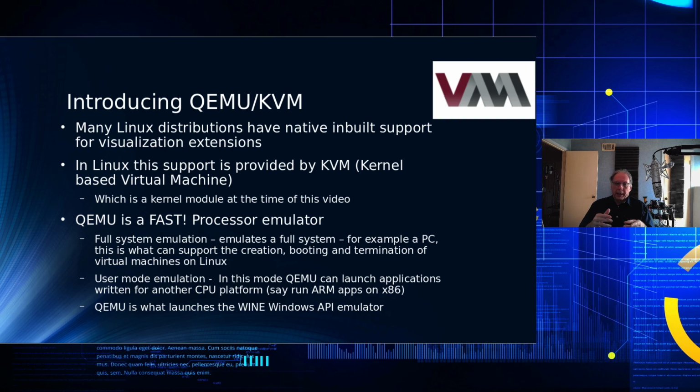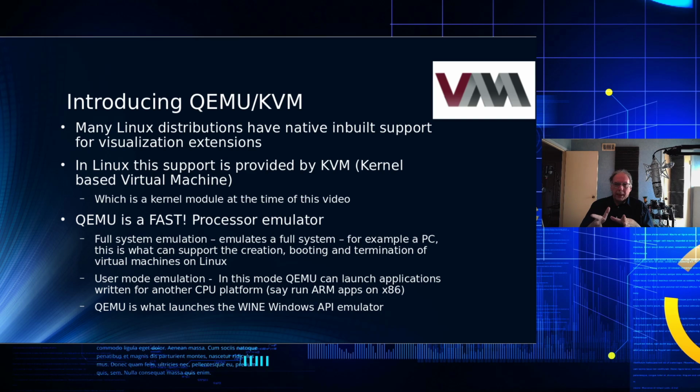You could be on an x86 and run code that was written for ARM, or for RISC-V, or even native code written for IBM's S390X series processors, which is a completely foreign CPU to anything that Linux or your x86 understands. So that allows you to run different chip architectures under Linux.